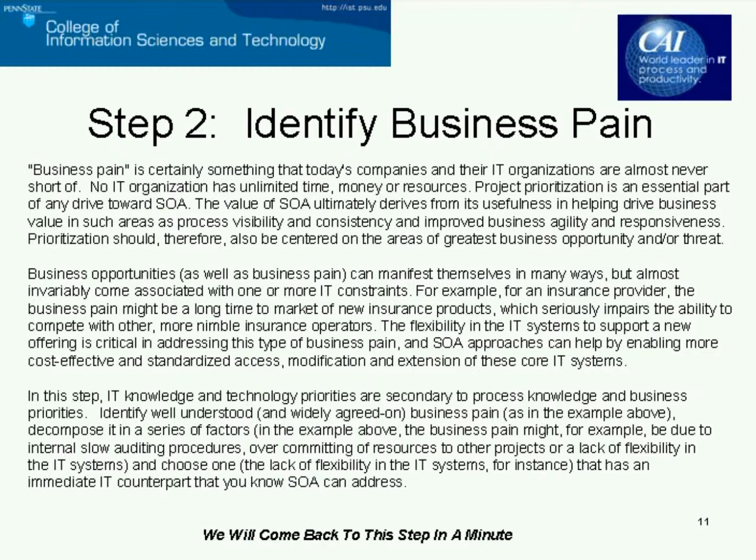So I think the last paragraph here, IT knowledge and technology priorities are secondary to process knowledge and business priorities. We need to focus on where we are going to get the most credibility and bang to the business. And as I mentioned, enterprise architecture is one of our focus areas.